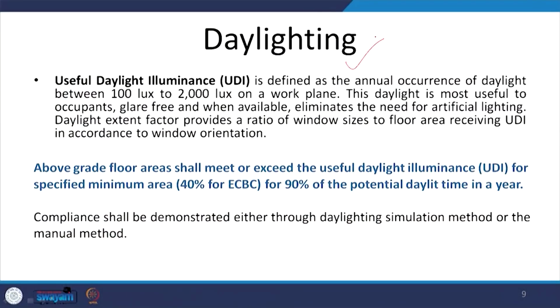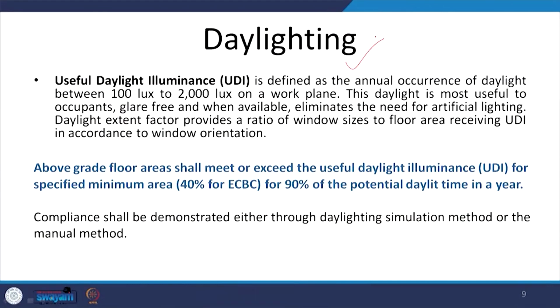The next important factor here is daylighting. Here we are talking about the amount of natural light available in a habitable space. So, we are talking about the amount of daylight which is available on a work plane, and useful daylight which is available on a work plane throughout the year, for 90% of the potential daylight time in a year.